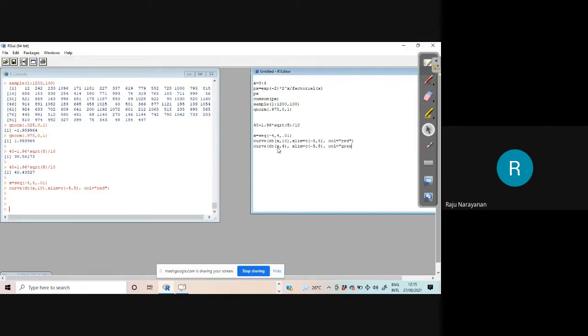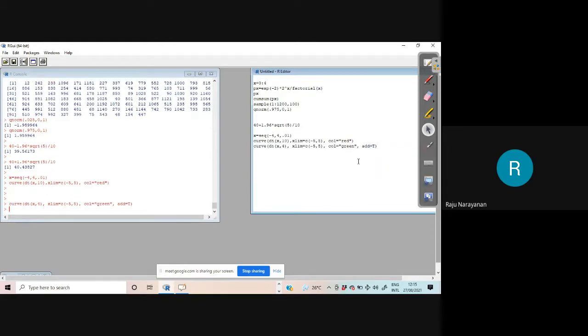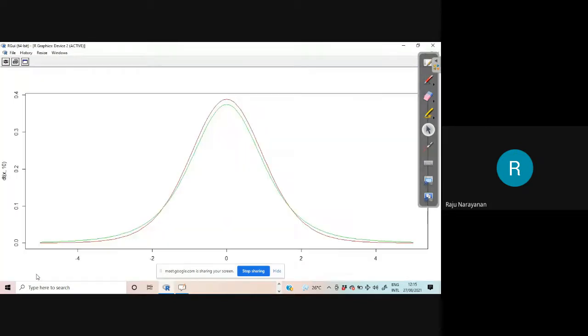Let it be green. And I have to add it. Add is equal to true. Otherwise, it will be in a different graph paper. I select that alone and run. No error. I am lucky. You can see the shape is different.